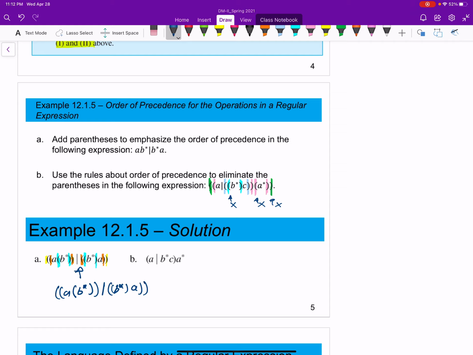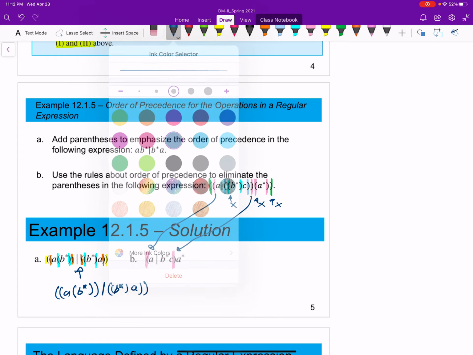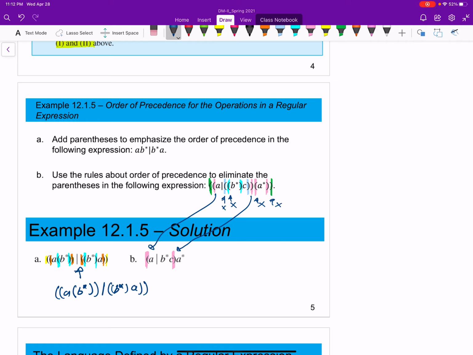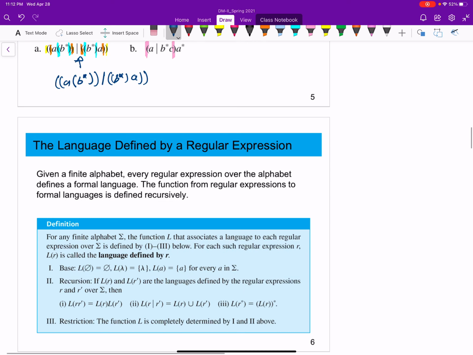You have only one pair of parentheses, between A, that's actually this pink one. That's the only one you have to put. You can remove the rest of them, they are not meaningful. I forgot that you could remove this too. Remove that too. So that's how you put parentheses.